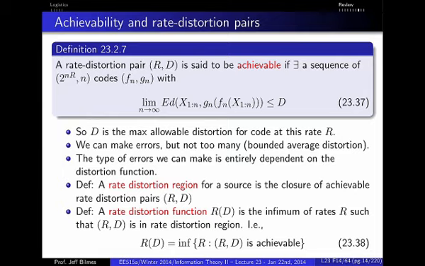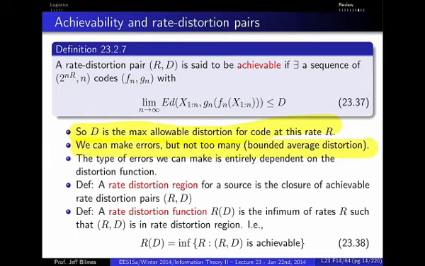It's the same type of definition we saw before. Rather than saying the probability of error goes to 0, we're saying that the expected distortion goes to d. So d is the maximum allowable distortion. We can make errors, but not too many.